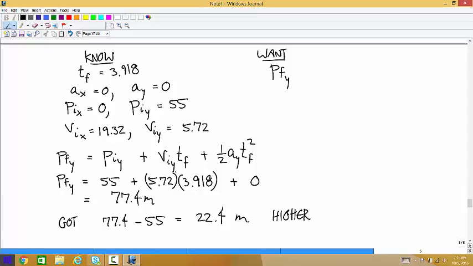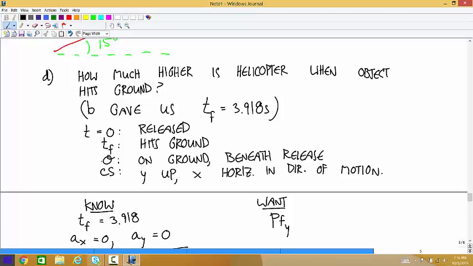Because you actually did 0 plus 5.1. Oh, okay. So the way that I did it in the solution is instead of choosing my origin location to be on the ground, I chose my origin location to be at the helicopter at the instant it's dropped. And so then my PFY actually was how much higher it went. I didn't have to subtract the initial because the initial was 0. But I don't have an explanation for why we got 22 and on there I got 21. It's a little too big for round off error, but I don't know.